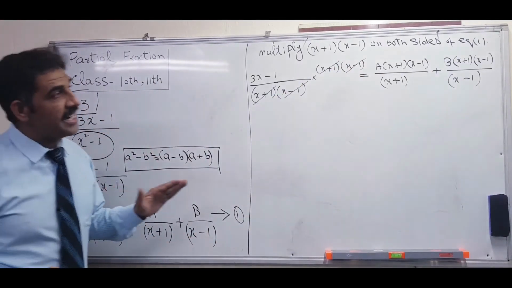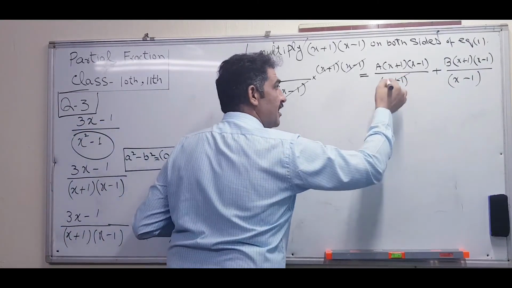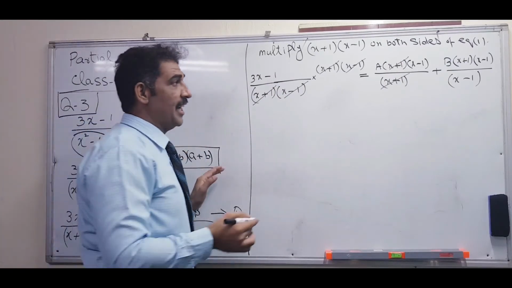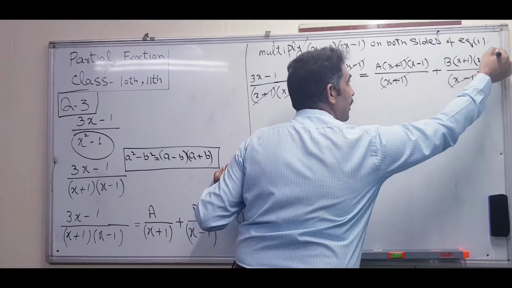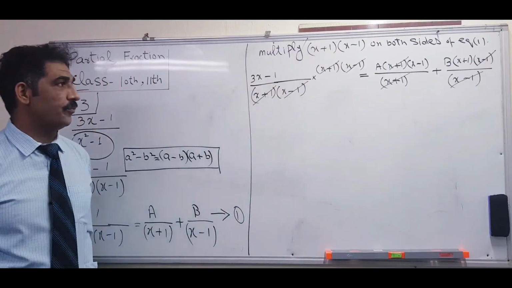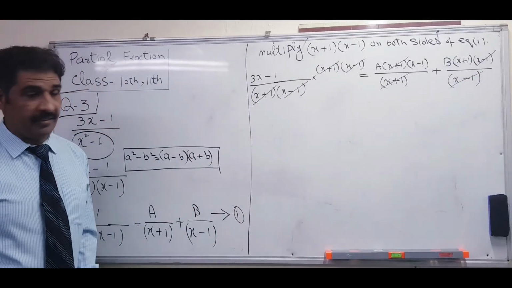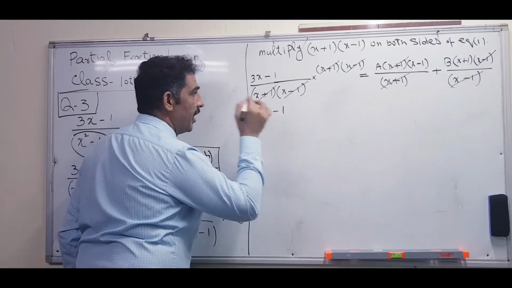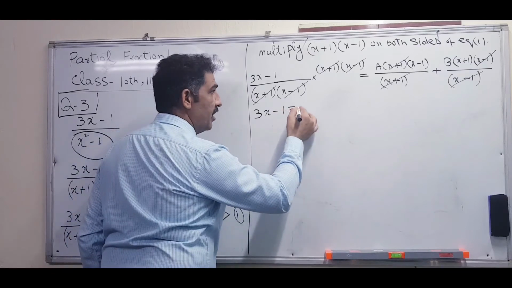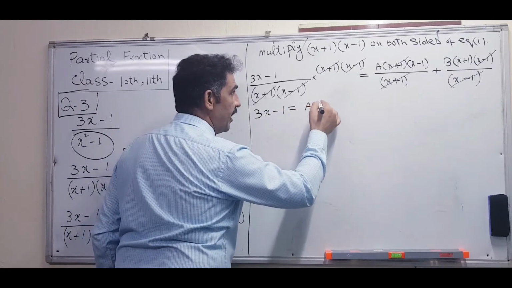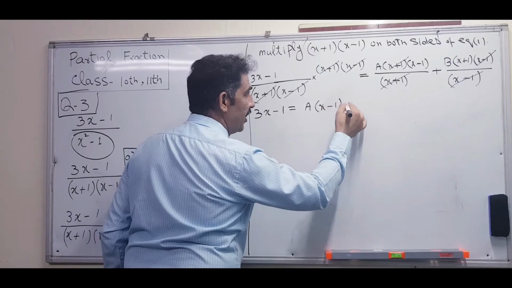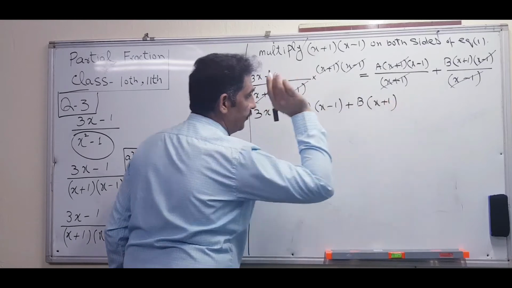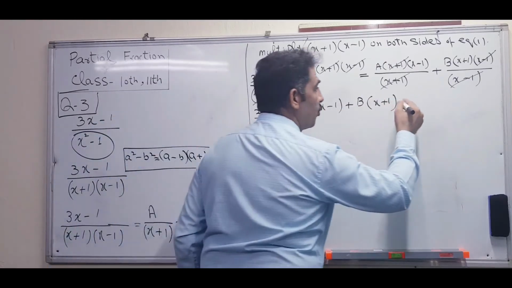On the right hand side, in the first term x plus 1 cancels, and in the second term x minus 1 cancels. So what remains is 3x minus 1 on the left, and a into x minus 1 plus b into x plus 1 on the right. Name this equation number 2.